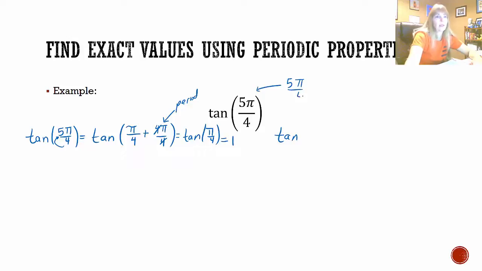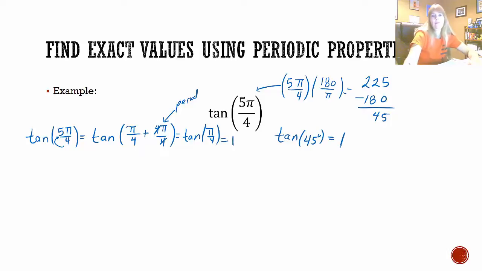So 5 pi over 4 times 180 over pi, and you should get 225 degrees. Remember, the period for the tangent is pi, or 180. So if I subtract 180, then I'm just simply finding the tangent of 45 degrees. Okay? All right, so let's stop.